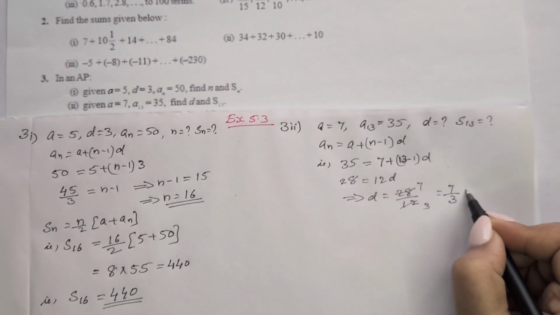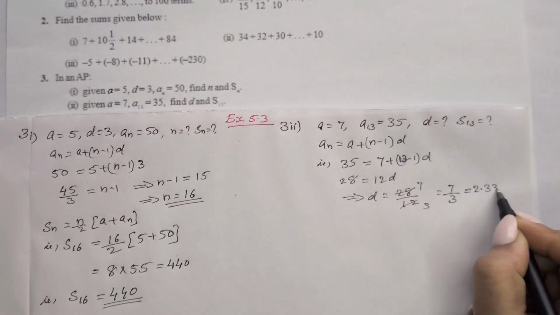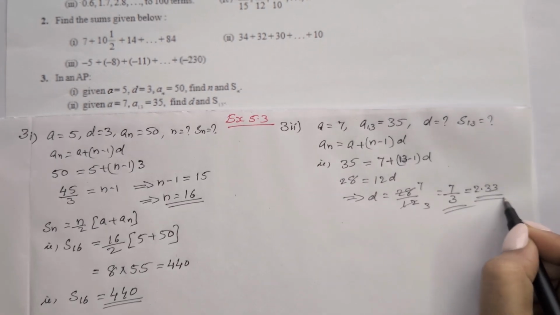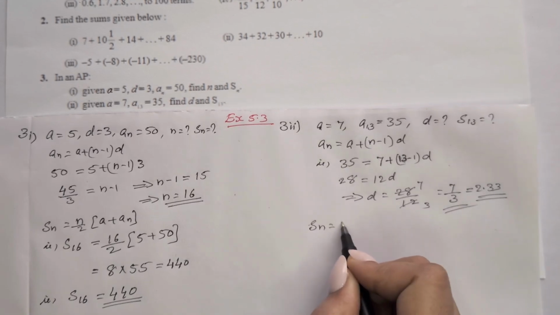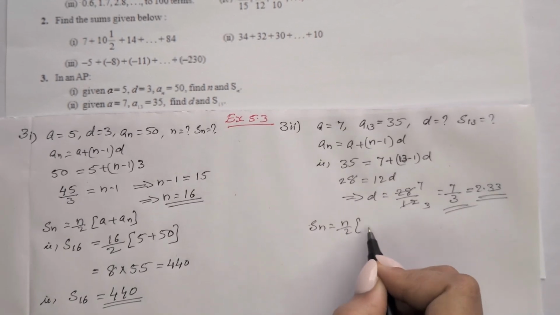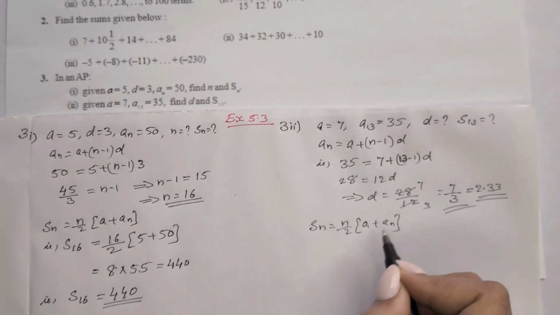Seven by 3, that is equal to 2.33. Then Sn. Sn is equal to n by 2 into first term plus last term.